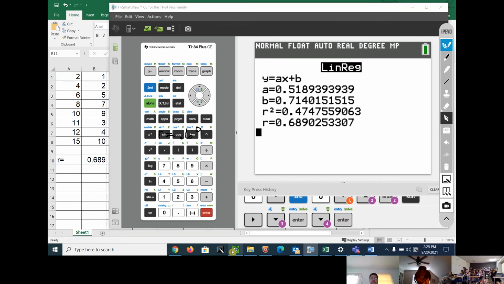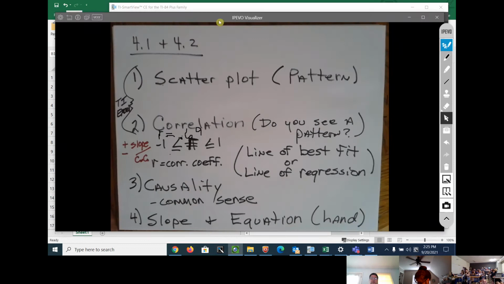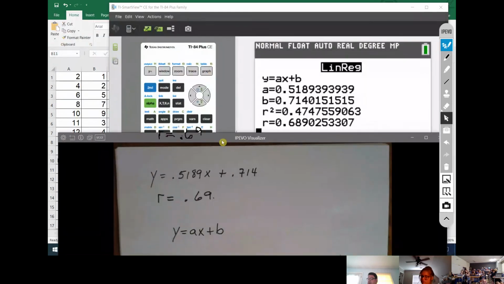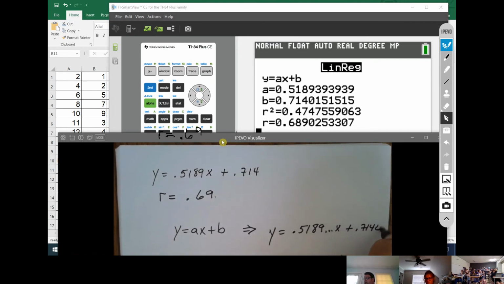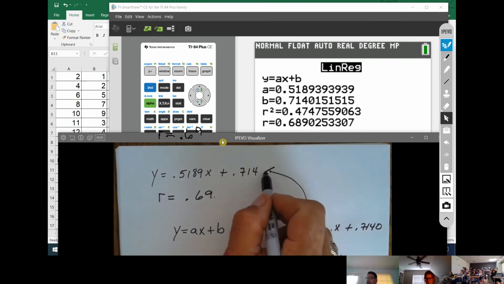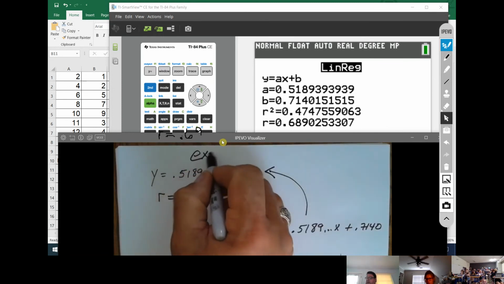So you just go y is equal to 0.5189x plus 0.7140. Same thing as we got with Excel.